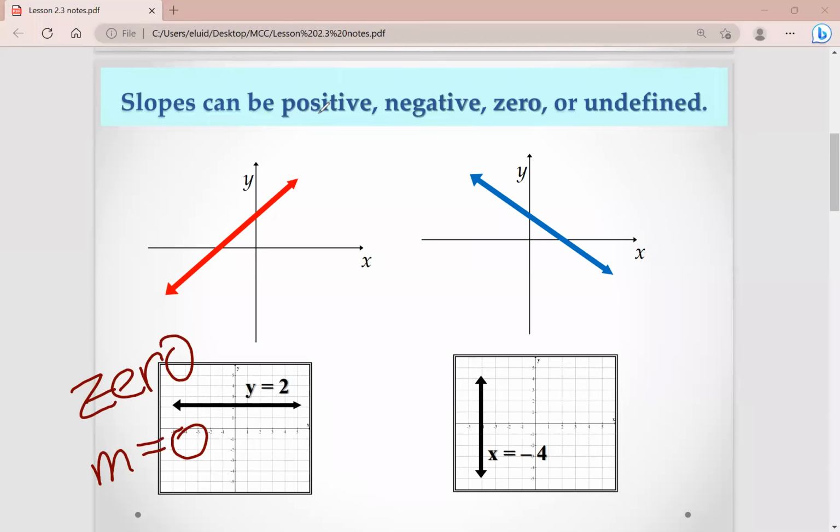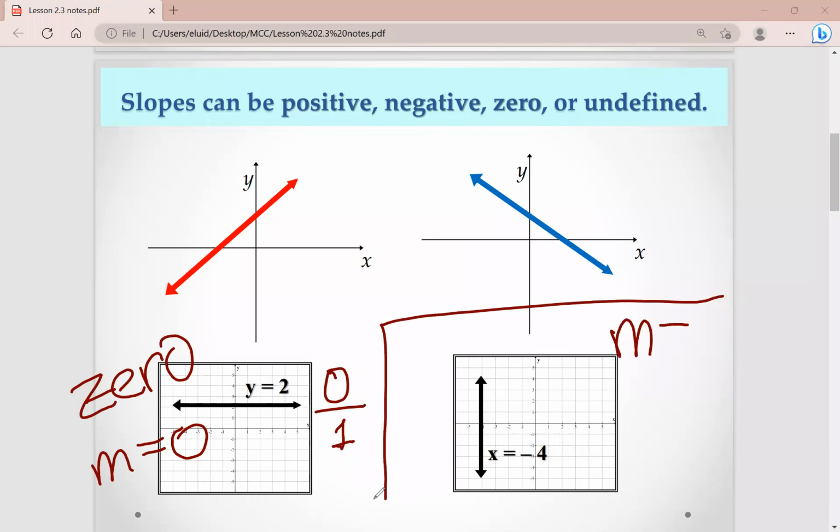In other words, we're going up 0 over 1 or up 0 over 5, really up 0 over anything. So I'll just write it as 0 over 1. So it's not going up at all. In other words, there's no rise, only a run. So sort of a flat horizontal line, slope is 0. Whereas when you have this straight up and down vertical line, in that case, we would say our slope is undefined. So I'm just jotting that down, undefined.